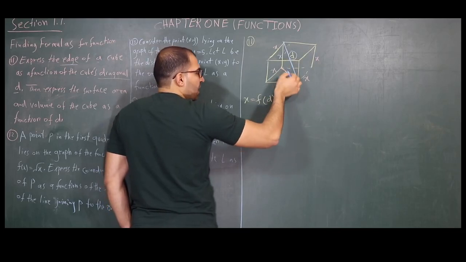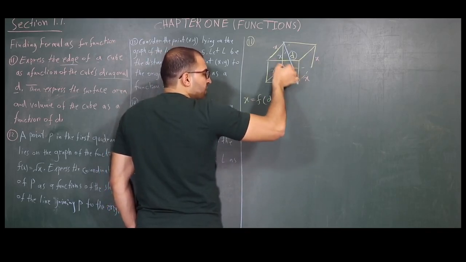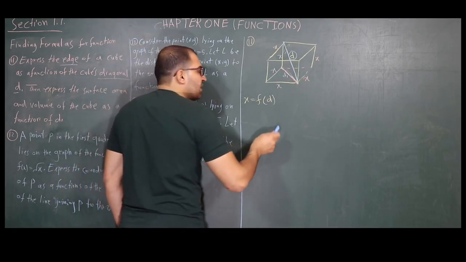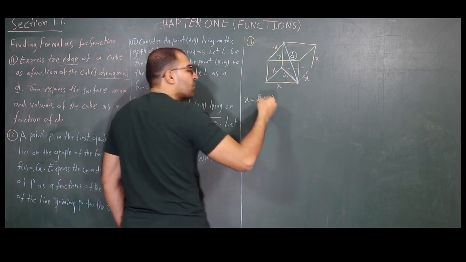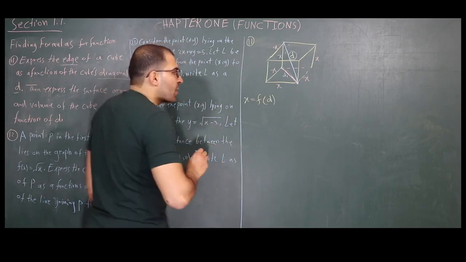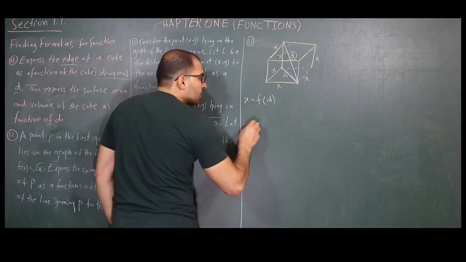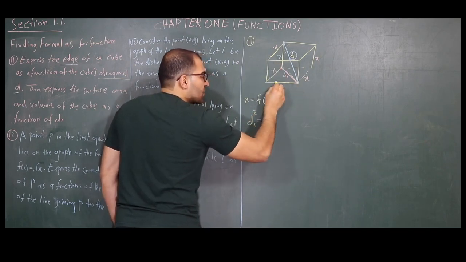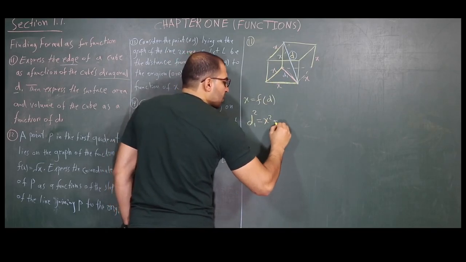But the problem is I don't know the expression of this diagonal of the square. So the first step is finding the expression of this diagonal, not the diagonal of the cube, the diagonal of the square. According to Pythagorean, d1 squared equals x squared plus x squared, because this is a triangle.